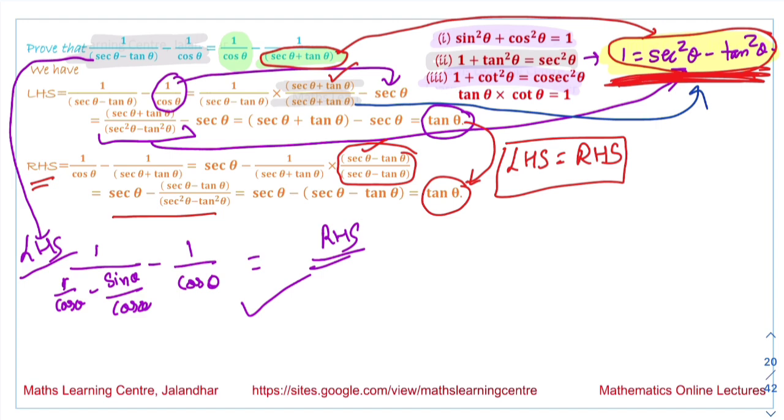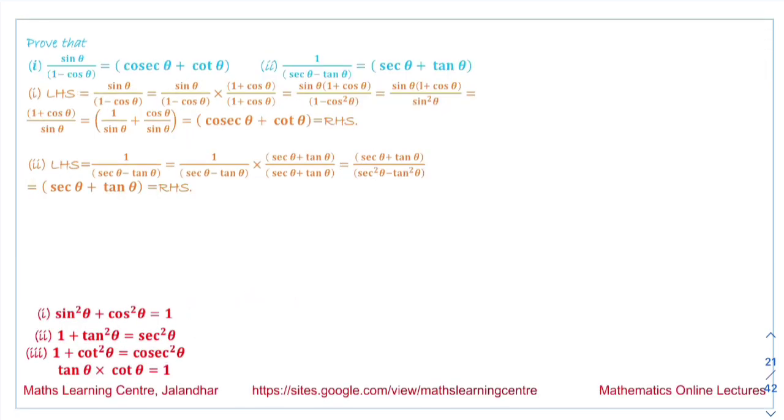Now the next question we have is sin theta over 1 minus cos theta is equal to cosecant theta plus cot theta. We have to prove this. So we start with the LHS, that is sin theta over 1 minus cos theta. Again, if we look at these terms, the power for sin and cos is 1.